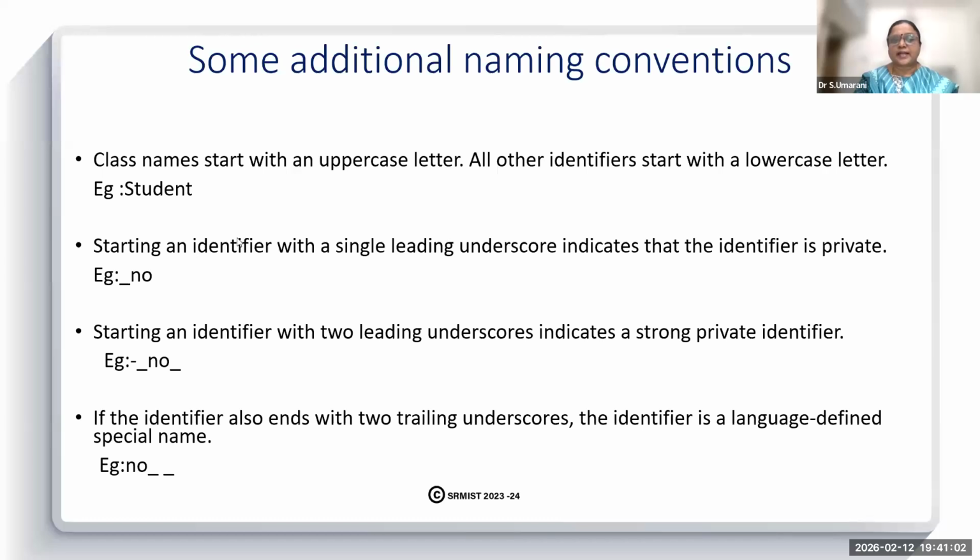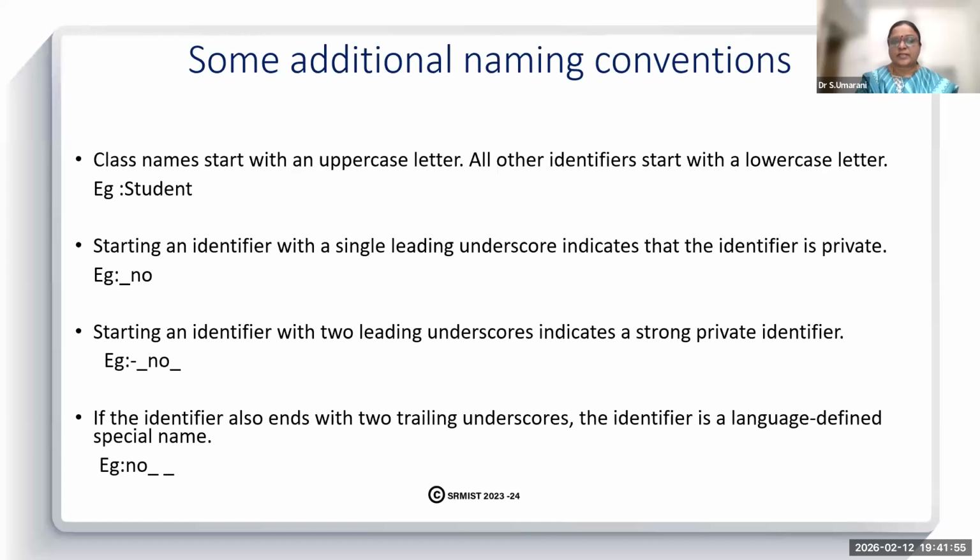So this is the first point. Second point, starting an identifier with a single leading underscore indicates that the identifier is private. You can use a variable in two ways. If you enter into object oriented programming, it is three ways, but basically it is represented in two ways: one is public, another one is private. Private means only those who have the privilege can access it. Public means anyone can access. So if you want to specify a private variable, the first letter must be an underscore, followed by a letter or number.